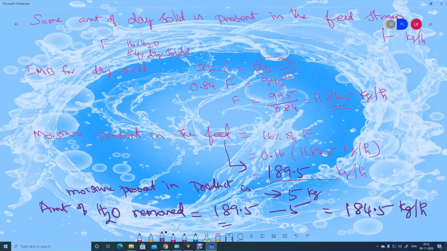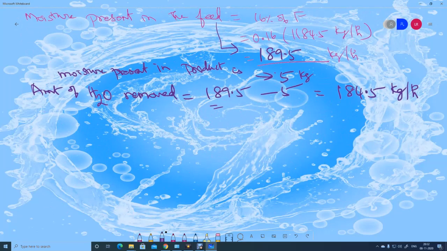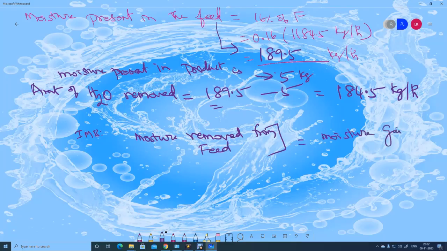Okay, remember now what we have to do? The moisture removed is equal to the moisture gained by the air. So what you can write, another material balance, individual material balance for moisture: moisture removed from feed is equal to moisture gained by air.